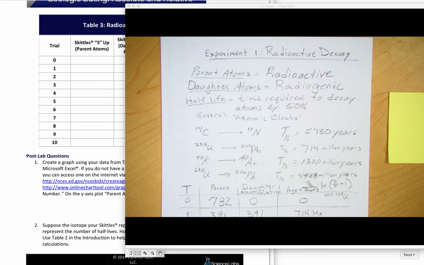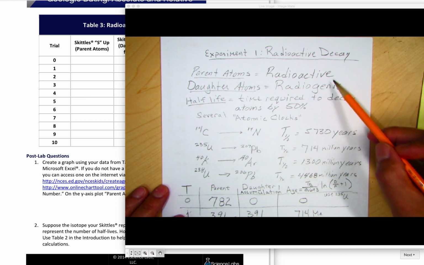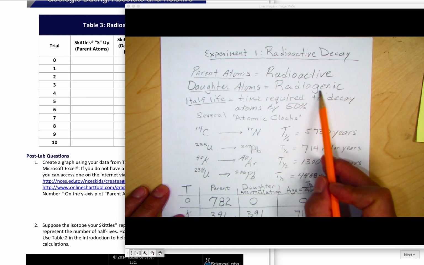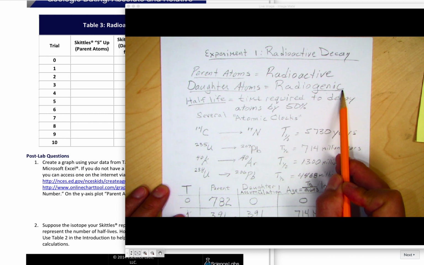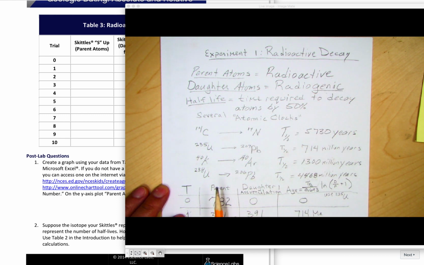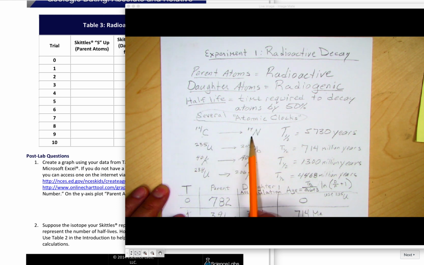So over here, what I did on the Doppler camera is looking at this radioactive decay. And remember, parent atoms are said to be radioactive. Daughter atoms are said to be radiogenic. Remember, this means genesis or birth, so they come from radioactivity. Remember, half-life is the time required to decay the parent atoms by 50%. And you'll see that there are several atomic clocks. There's the carbon-14 to nitrogen-14.